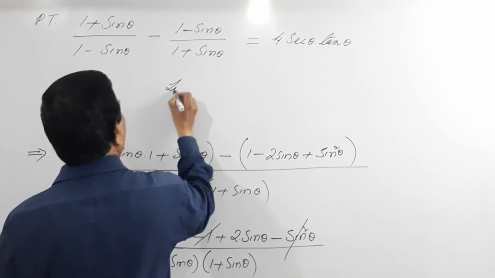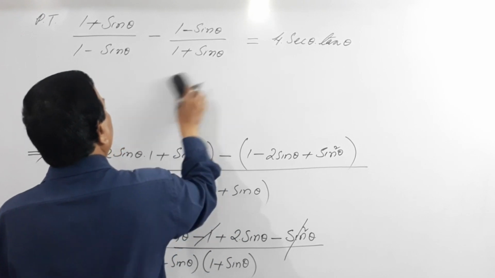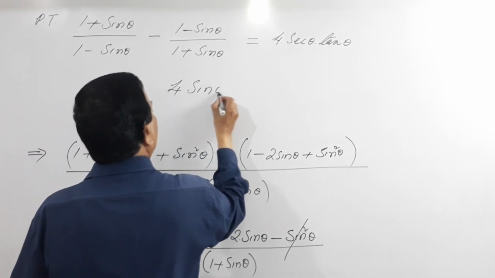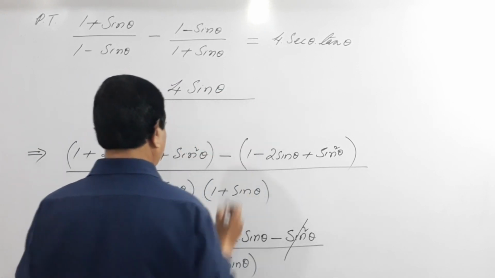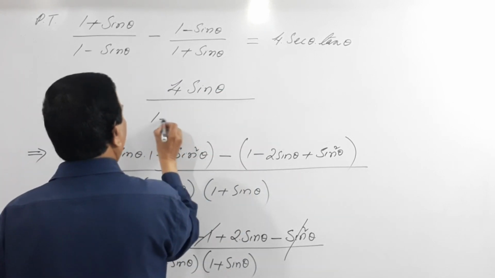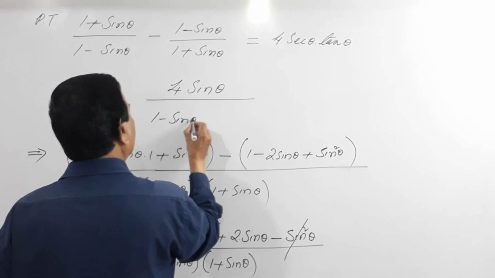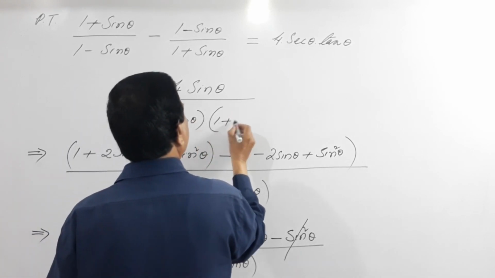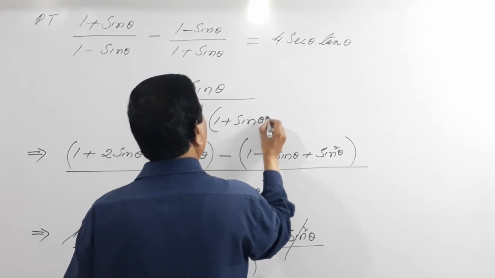I'll write this 4 properly. That becomes 4 sin theta divided by 1 minus sin theta into 1 plus sin theta.